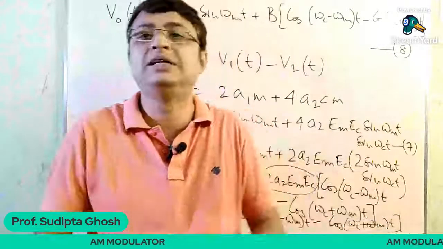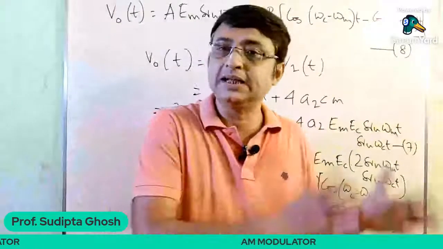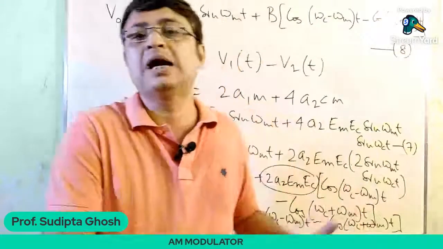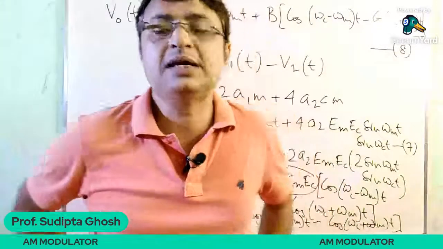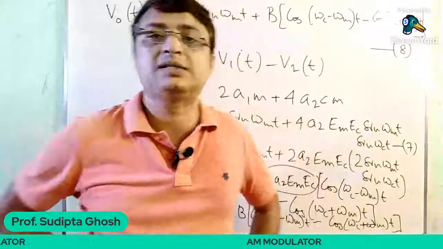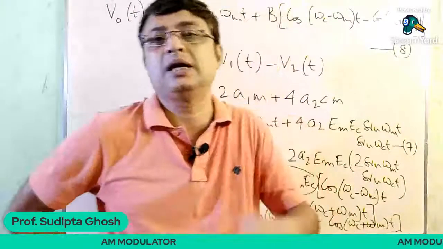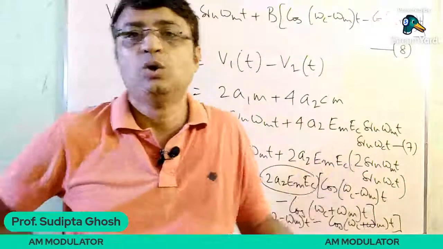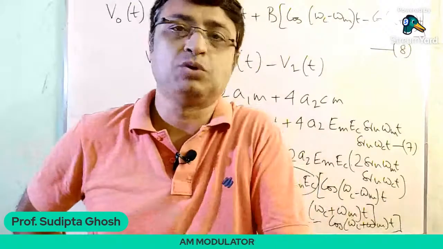We know how to design the double sideband wave from our first circuit, the square law modulator circuit, and after this, with the balanced modulator circuit, we know how to generate a single sideband amplitude modulated wave.